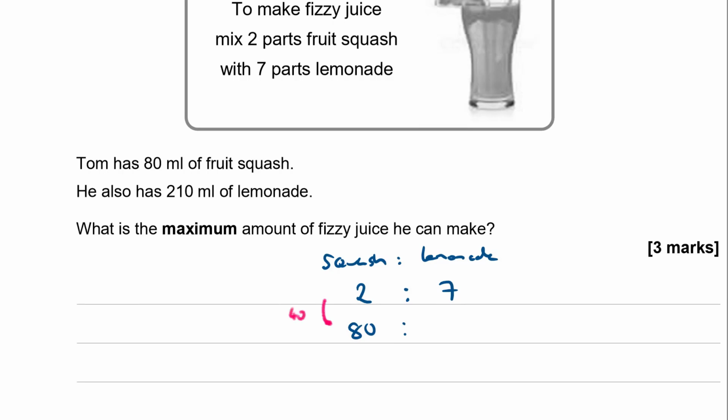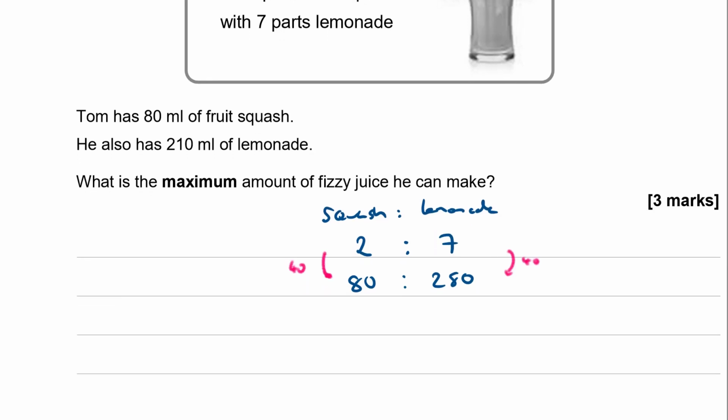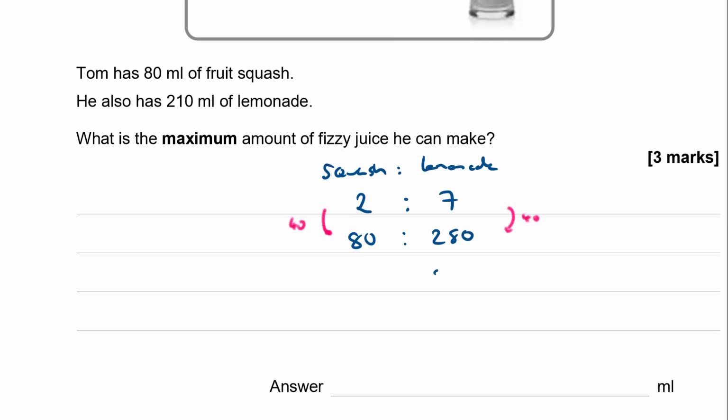2 times 40 is 80. So times 7 by 40. I'm going to get 280. 7 fours are 28 plus a 0 is 280. But that is too much. He doesn't have 280 milliliters of lemonade. He's only got 210. So the most he can make then is if he has 210.